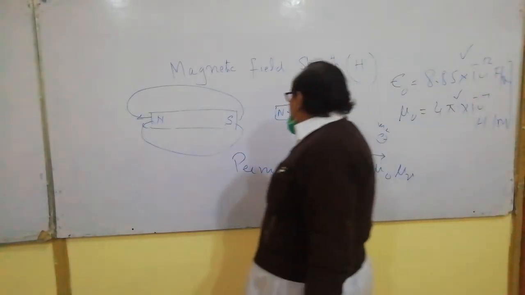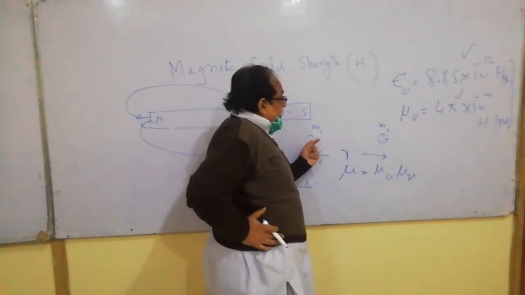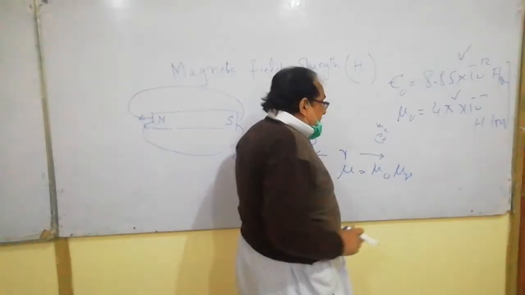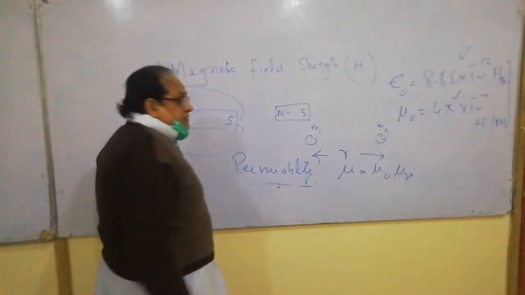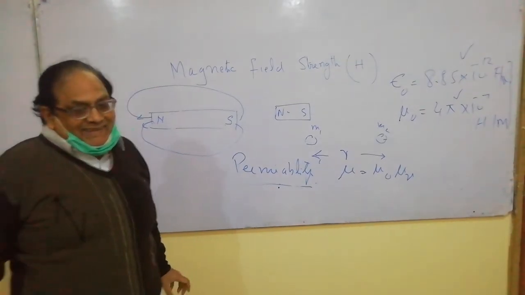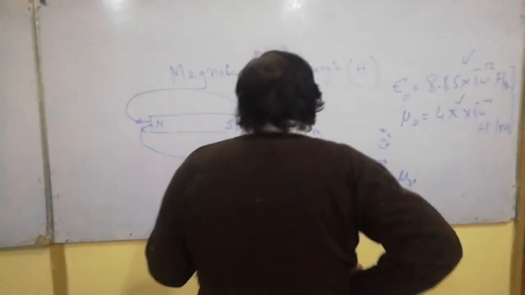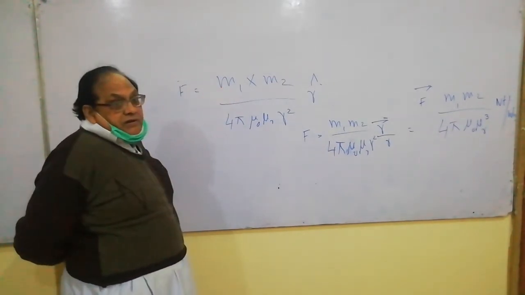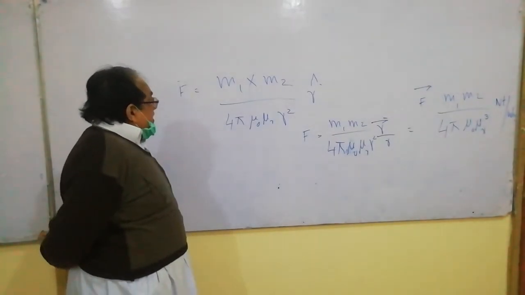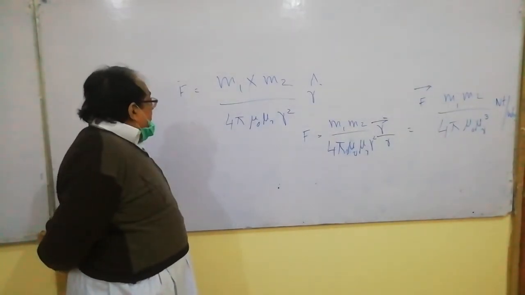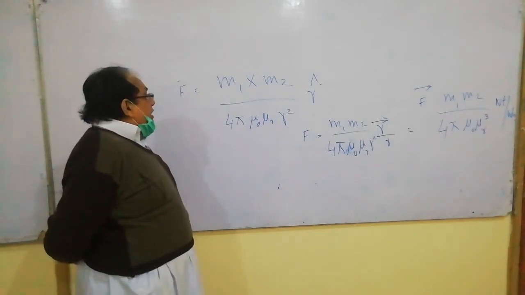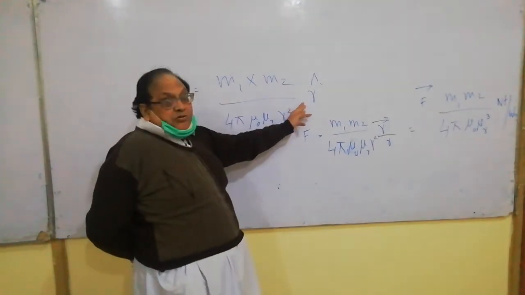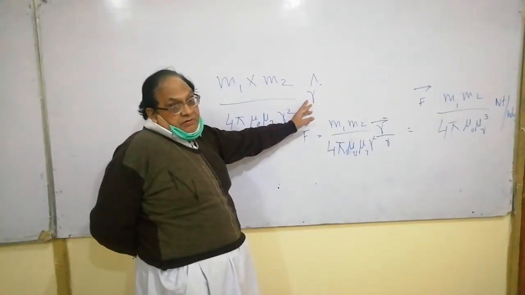So I was telling you, if we have two poles, M1 and M2, and R is the distance between them, then the force between them is given by M1 M2, the pole strengths in Webers, divided by 4 pi mu naught mu r into r square, into the unit vector, because force is a vector quantity.